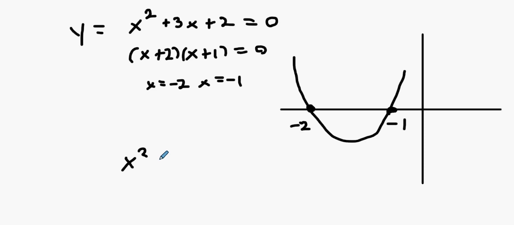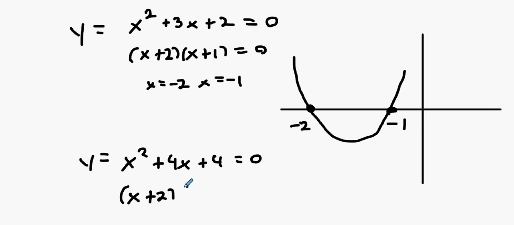Okay, how do you find out where this one cuts the axis? Is it U-shaped? It's U-shaped, isn't it? Great. How do you solve this one equal to 0? How would you solve it? (x plus 2)(x plus 2).